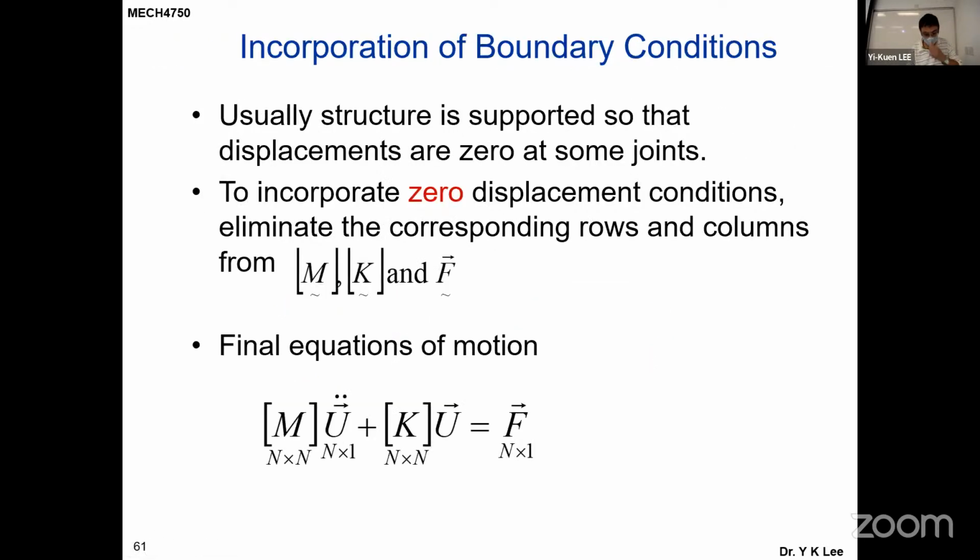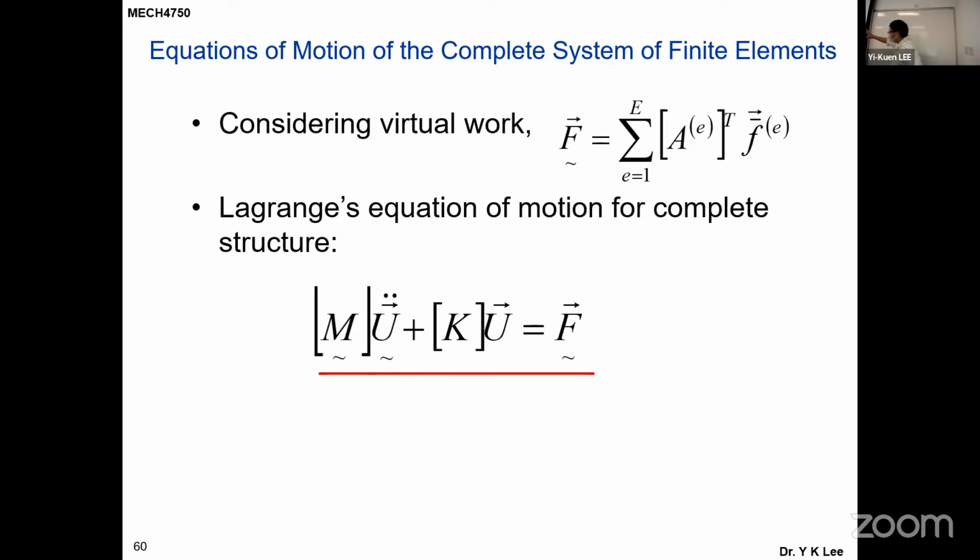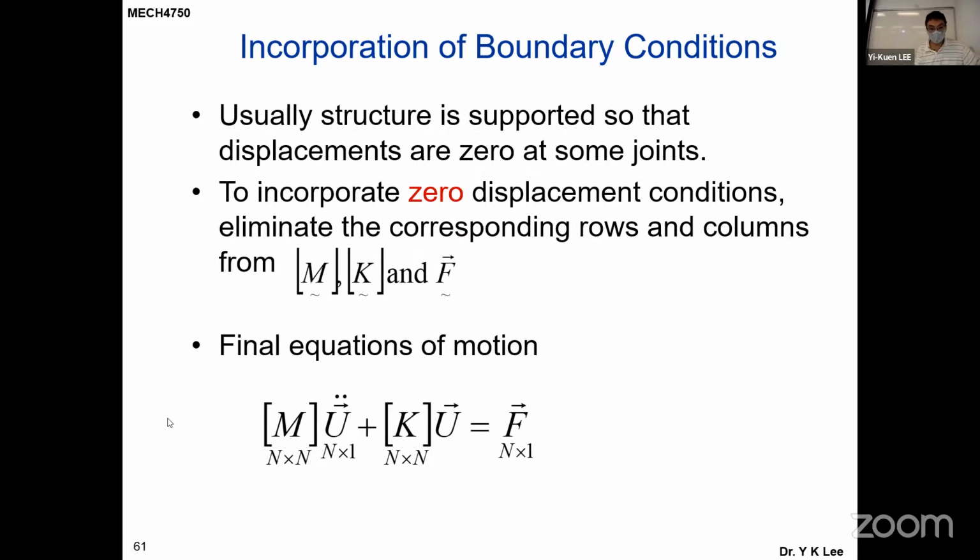Once you construct the whole equation of motion based on finite element, the next step is to impose boundary conditions. We specify the boundary condition, and that is another quite important thing.